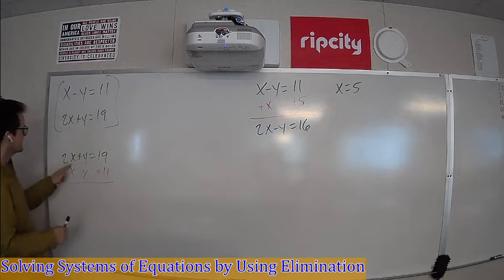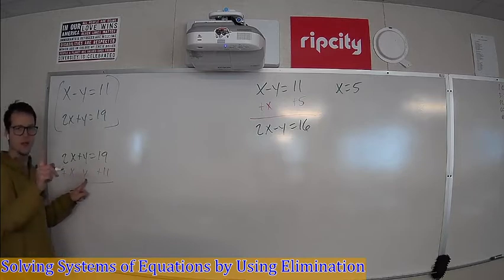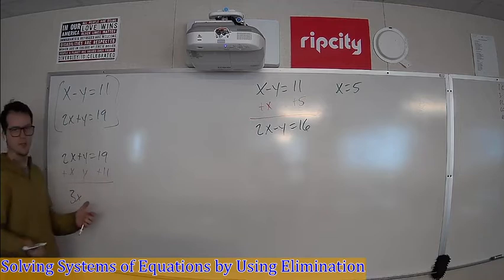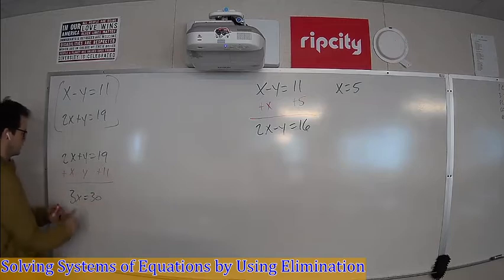And watch what happens when we do this, too. If I have 2 x's and I add 1 more x, that's 3 x's. Y plus a negative y: if I have 1 y and you take it away, I have no more y's left. And then equals 19 plus 11, which is 30. Now we have a nice, cool equation.